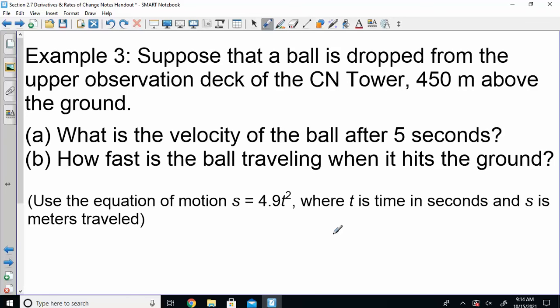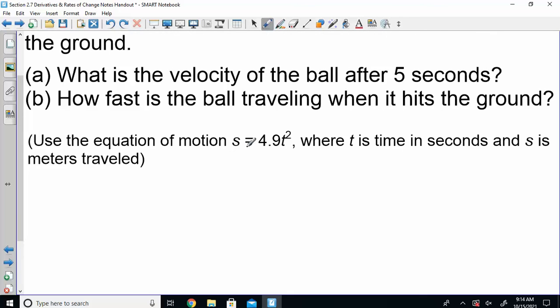Okay, so we have two options for how to approach this. Since I'm asking you to do two velocities, could we maybe find a formula for velocity first instead of recalculating it each time? Would that be okay? So I told you this is going to be the equation for height.